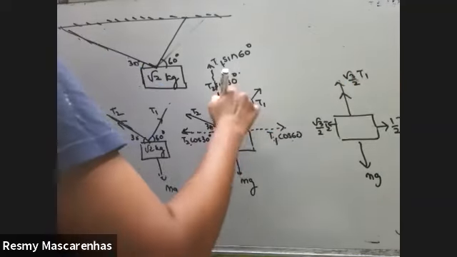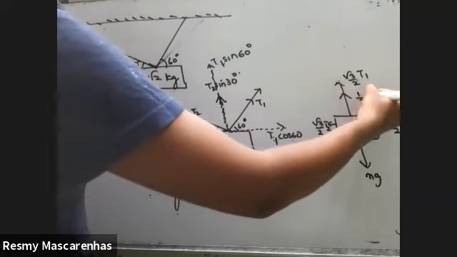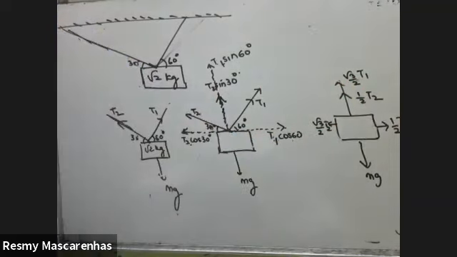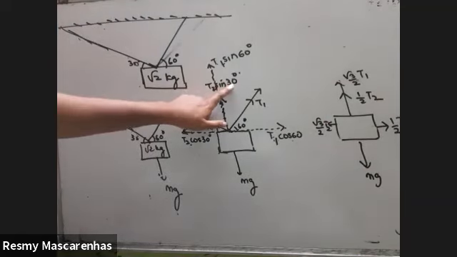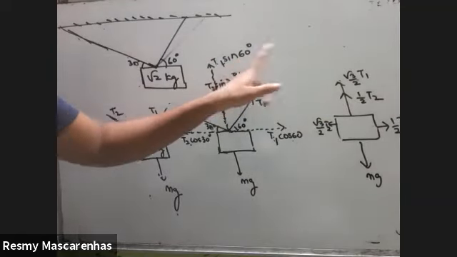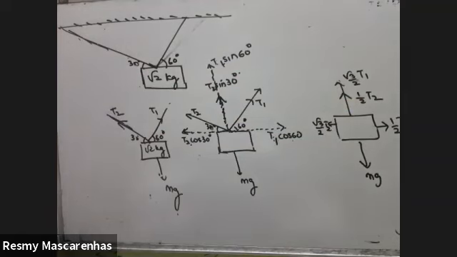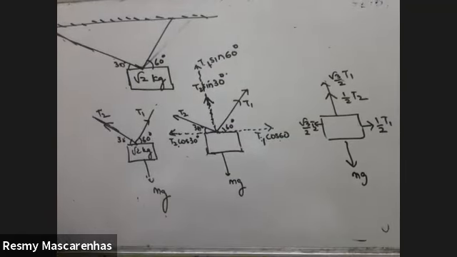T1 and half T2. Sin 30 means half. Sin 60 means root 3 by 2. This is a simplified diagram after finding the component. This is root 2 kg.